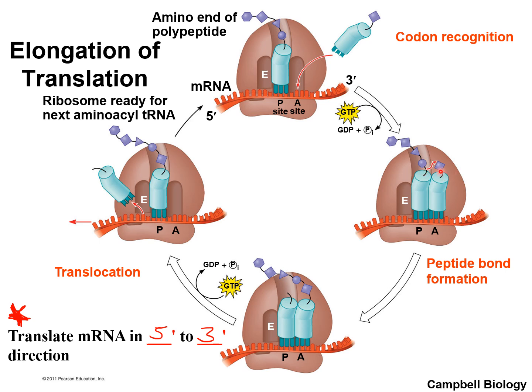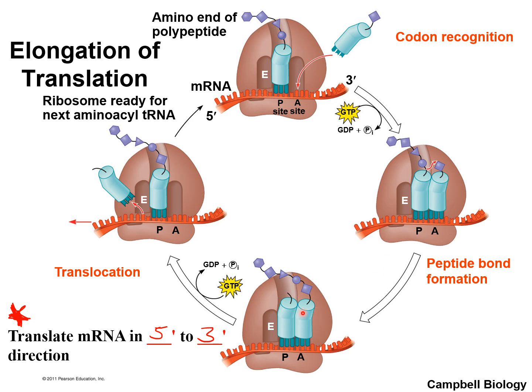And now we're going to make a peptide bond to join the growing polypeptide chain to this next amino acid. And what catalyzes the formation of that peptide bond? So hopefully you said it was the rRNA, the ribosomal RNA. That's part of the ribosome. So that'll catalyze the peptide bond formation.